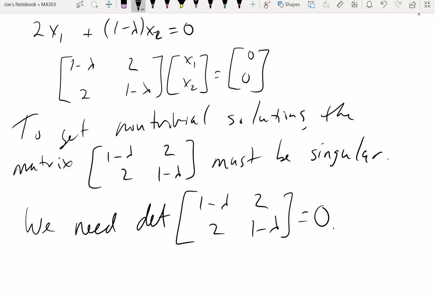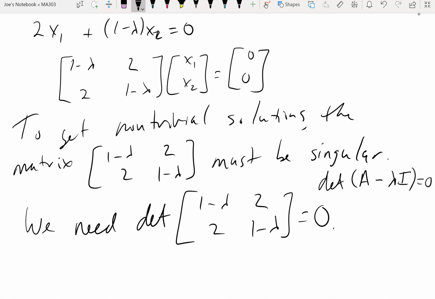All right, we'll do this in just a second and solve it. But notice what this matrix looks like. Notice it was the original matrix, except that I've subtracted lambda off the diagonal entry, right? Generally, this looks like the original matrix with lambda subtracted off the diagonal.